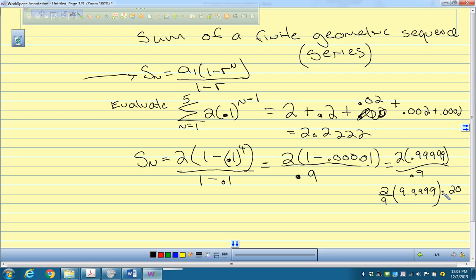Wouldn't it be 2 over 9 if you're multiplying by 10? Yeah, but I just moved this decimal place, and I moved this decimal place. So that's really close to 2.2222, which is what I got over here.